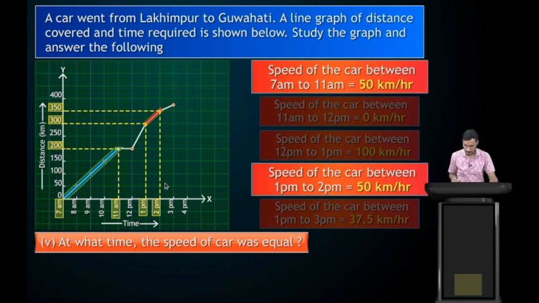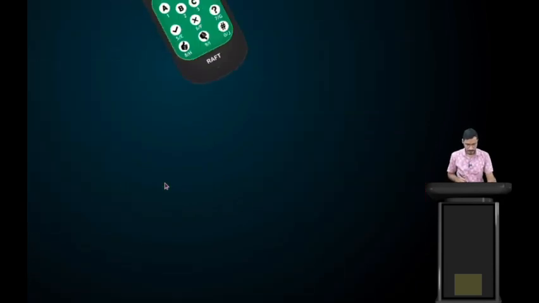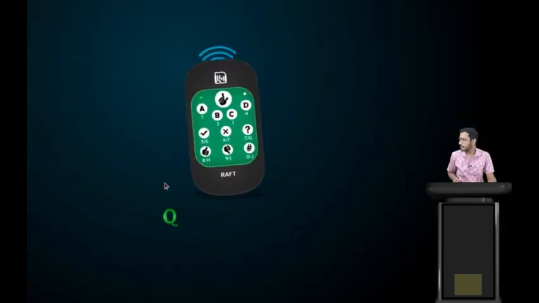So you can see 50 and 50. So the speed of the car was equal between 7 a.m. to 11 a.m. and 1 p.m. to 2 p.m.